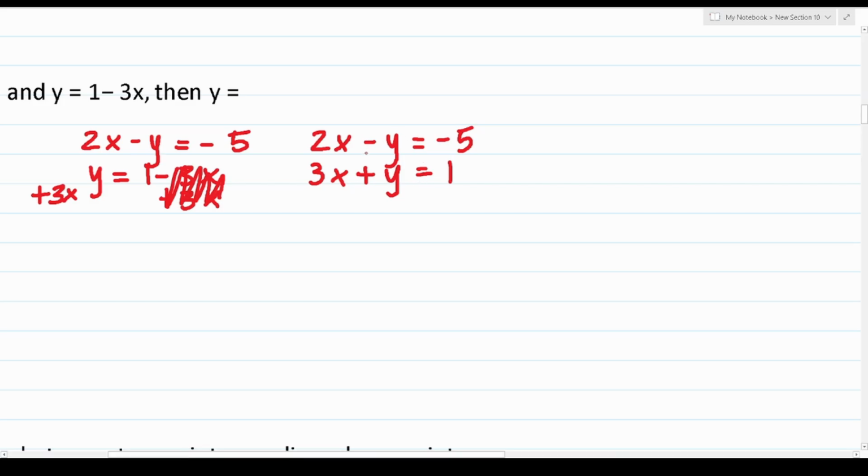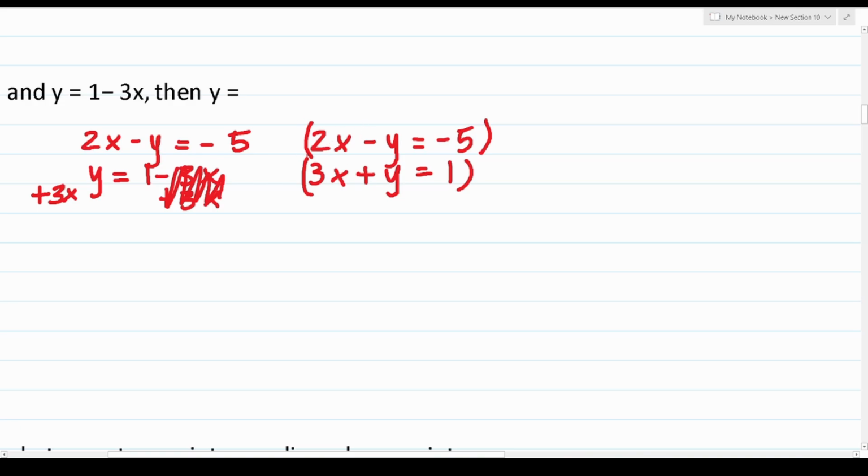And as such, there are two methods to solve a system of equations. You can either use the substitution method or the elimination method. As it happens, I like using the elimination method. So I'm going to multiply both this top equation as well as this bottom equation by two different constants such that they're going to enable me to eliminate this x variable.